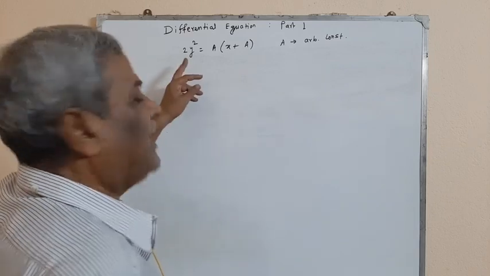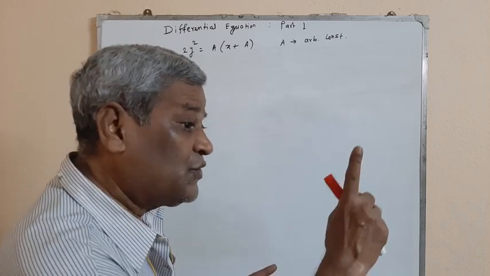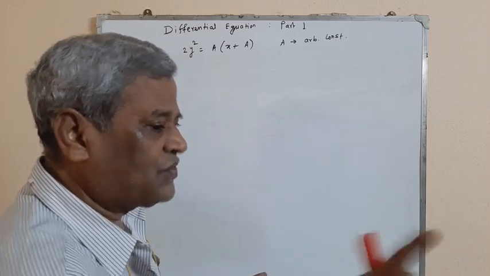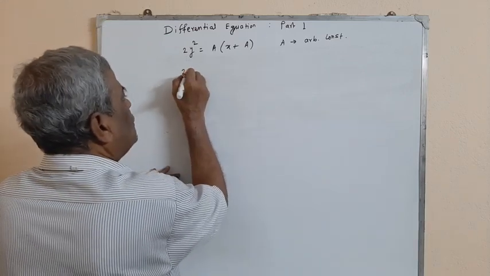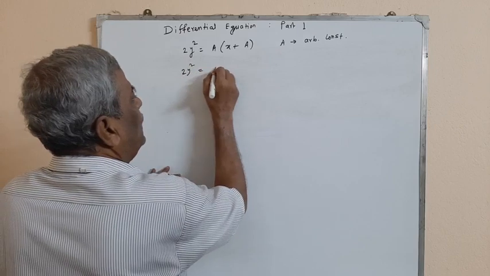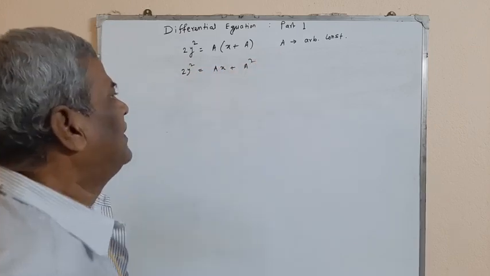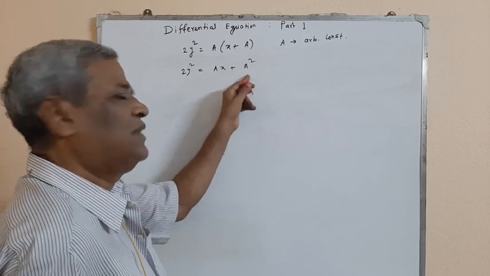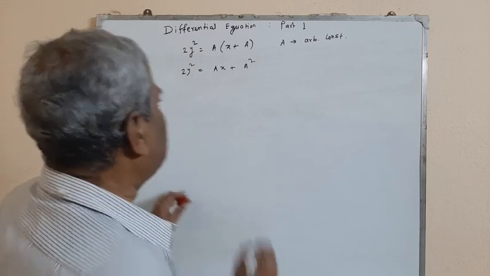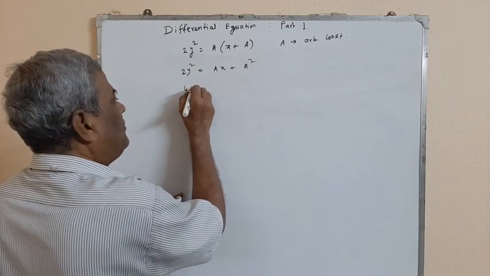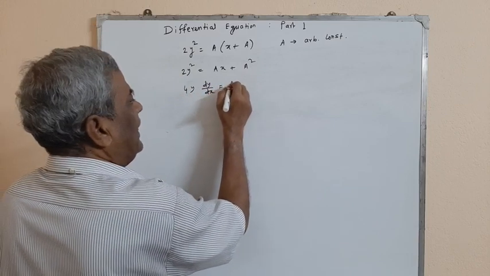After that you have to differentiate the relation once, because the arbitrary constant is 1. First of all, you simplify it. 2y square is equal to ax plus a square. One arbitrary constant again. Now differentiate both sides with respect to x, so that 4y dy/dx is equal to a.